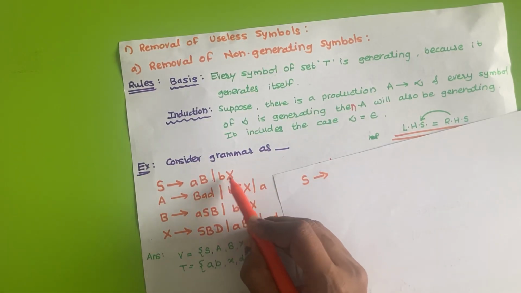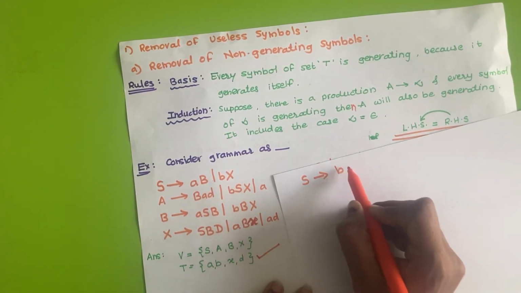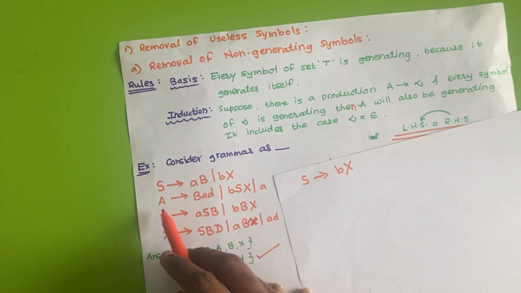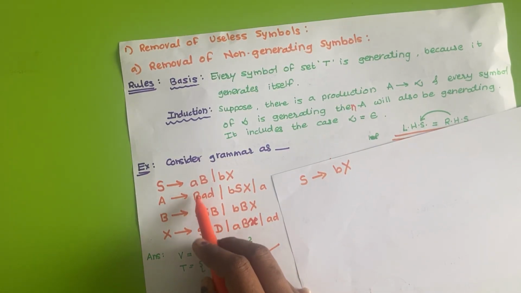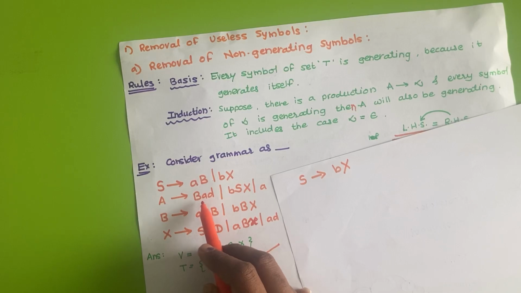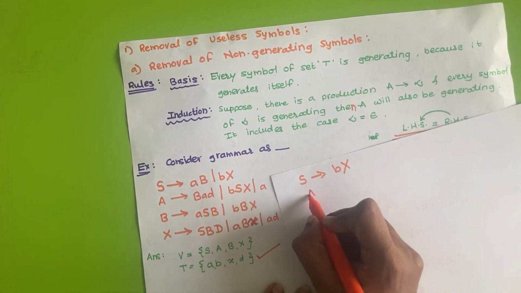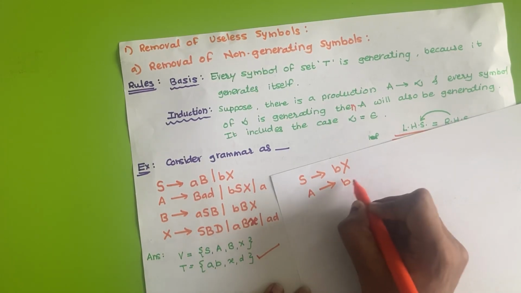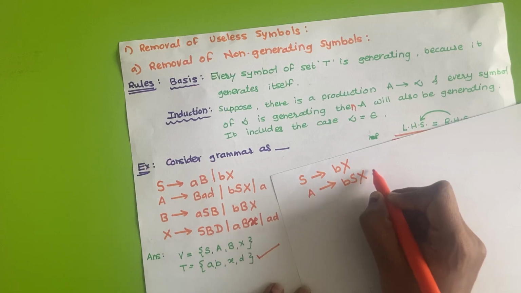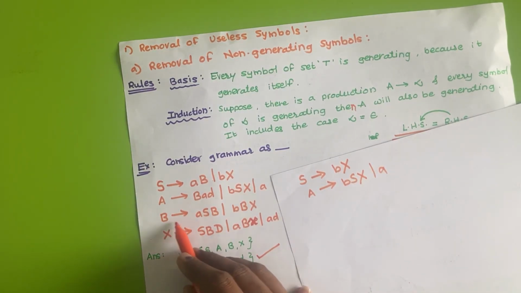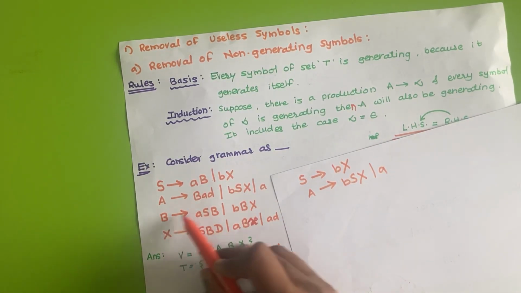Next, S tends to BX will remain. Next, A tends to BAD: here we have capital B, so we have to omit this. Next is A tends to BSX, which has capital B in the body, so we have to omit this total production.